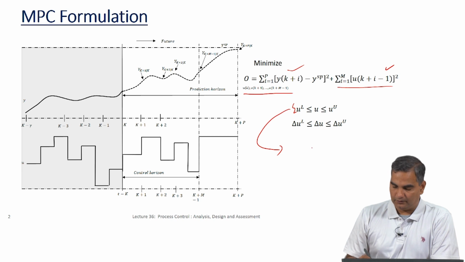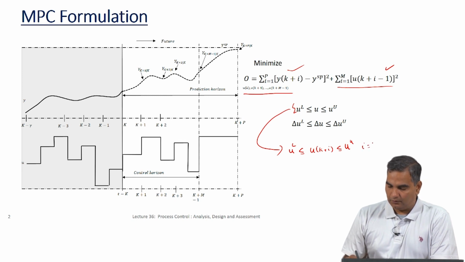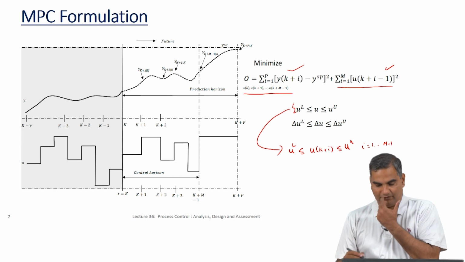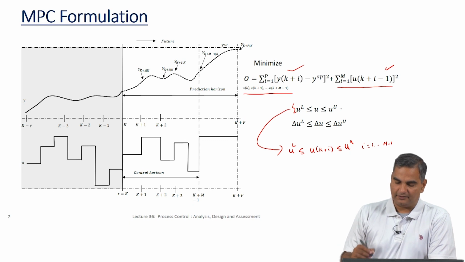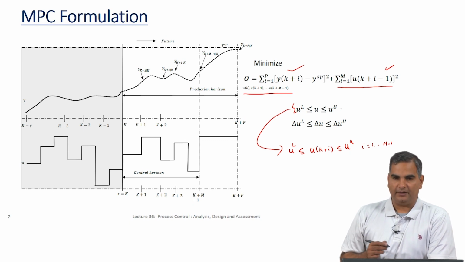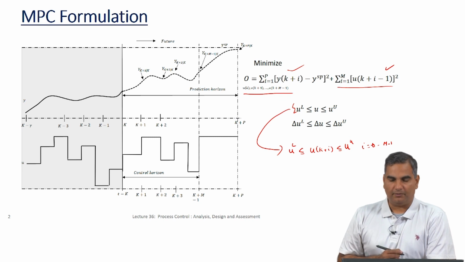I said that this constraint, if you expand this, a way to write this would be u lower less than equal to u of k plus I less than equal to u upper, where I goes from 0 to m minus 1. So, this is a formal way in which you write these constraints. Basically, this constraint is generically written for u, but since at every time instant we are talking about the same control input, all of the variables u k, u k plus 1 all the way up to u k plus m minus 1 have to follow the same upper and lower bound.